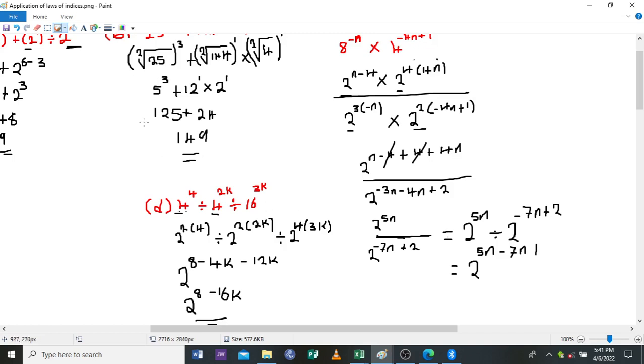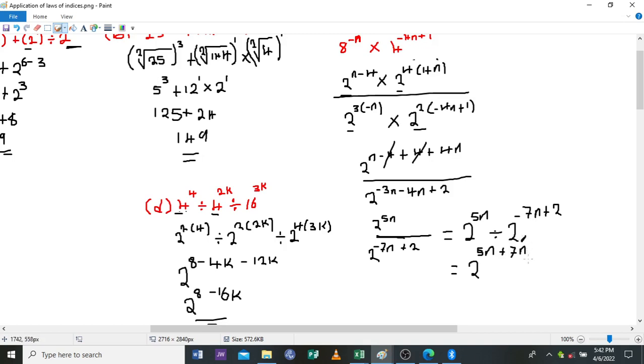Remember, this side we are multiplying a negative with that's negative 7n, which will be positive, right? Because we are subtracting the powers of this base here.